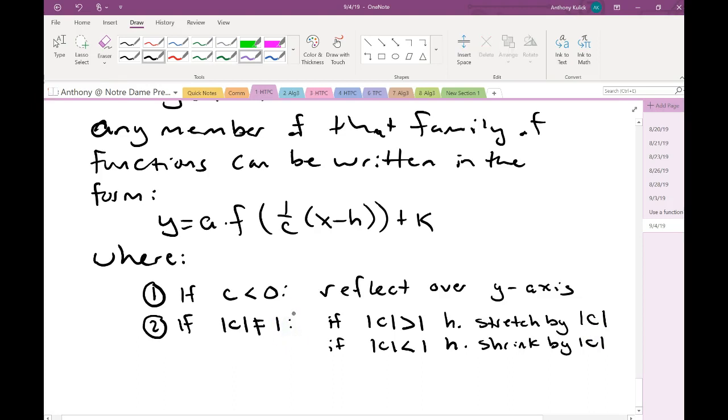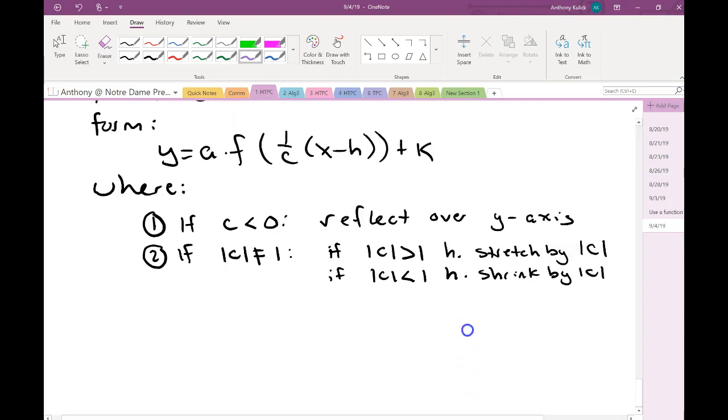So again, what we're doing here is I'm listing the criteria that describe how these coefficients are changing the parent function. So if that C coefficient is negative, it's going to cause a reflection across the y-axis. If it's positive, no reflection happens.